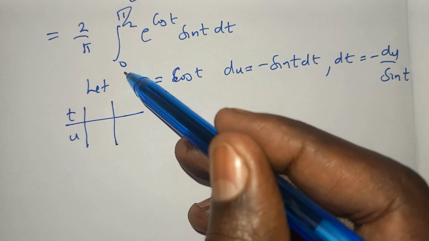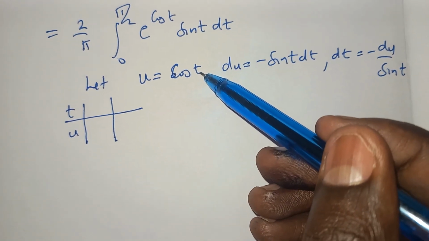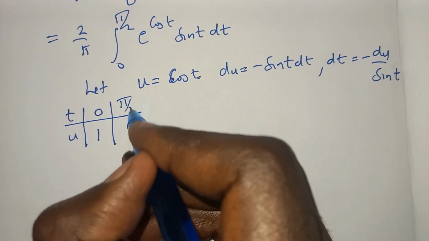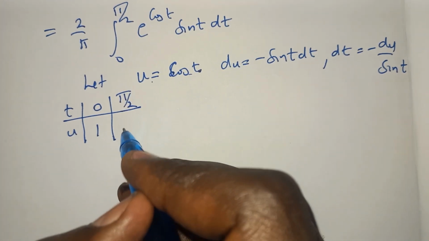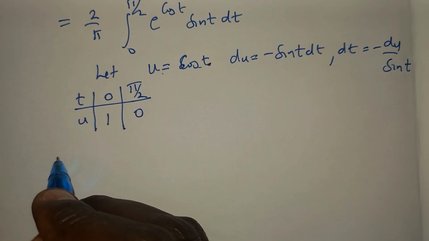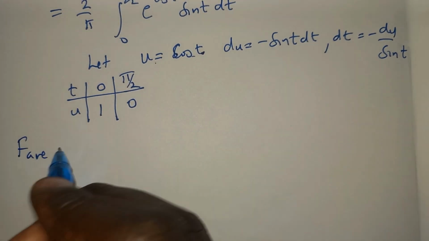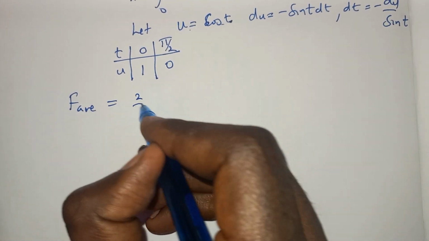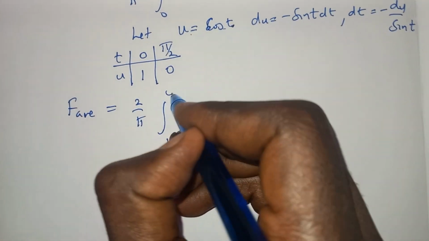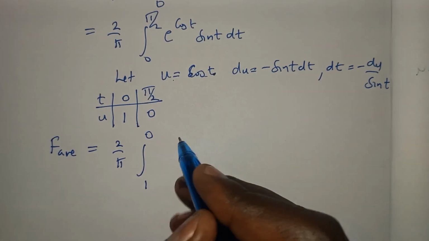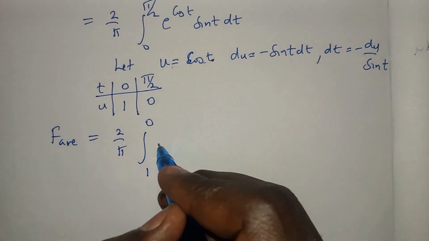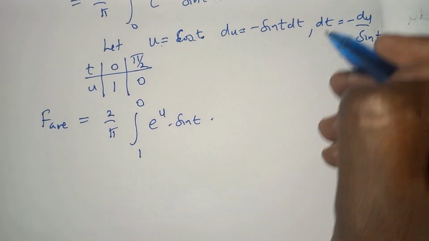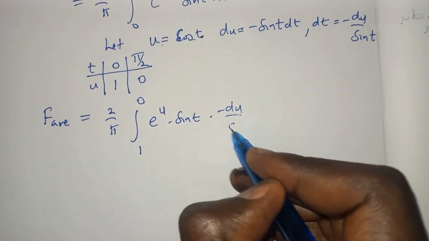Now when t is 0, u is 1, and when t is pi over 2, cosine of pi over 2 is 0. So our average value of the function becomes 2 over pi, integral from 1 to 0 of e^u times sin t multiplied by dt, which is minus du over sin t.